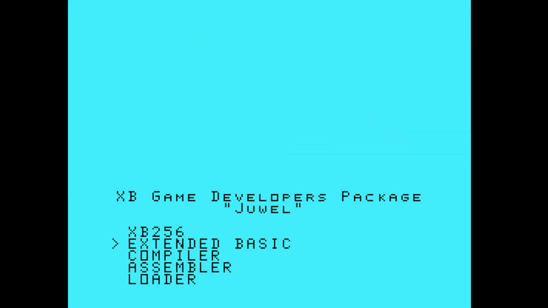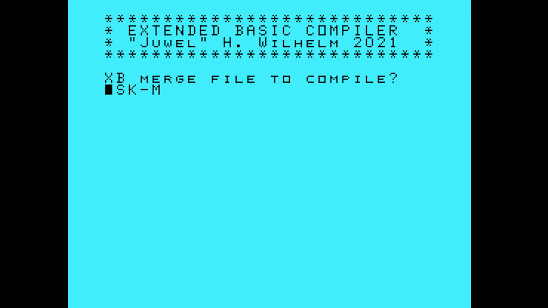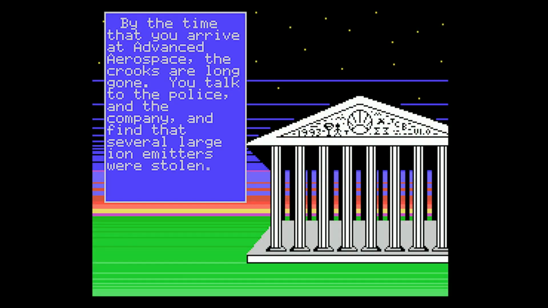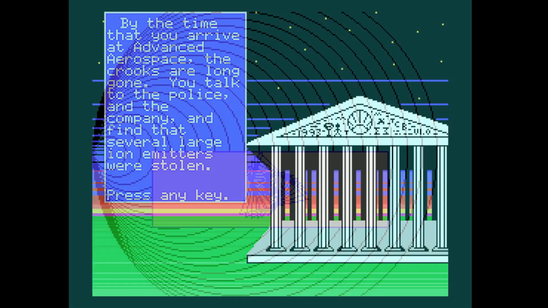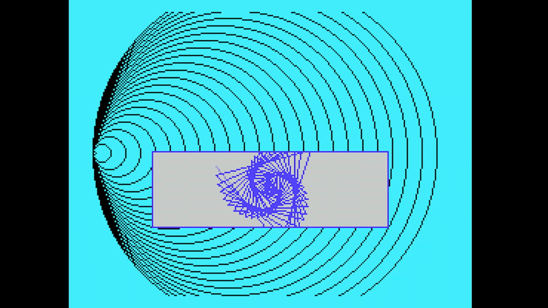And one of the main reasons there's never been a better time than now is the XB Game Developers package, and the BASIC compiler it comes with, which is what I'll be diving into today. Lately, I've looked at all sorts of ways we've seen BASIC on the TI-99 taken to crazy new heights, with a better, more powerful graphical toolset, and new features that classic XB just couldn't give us at all.